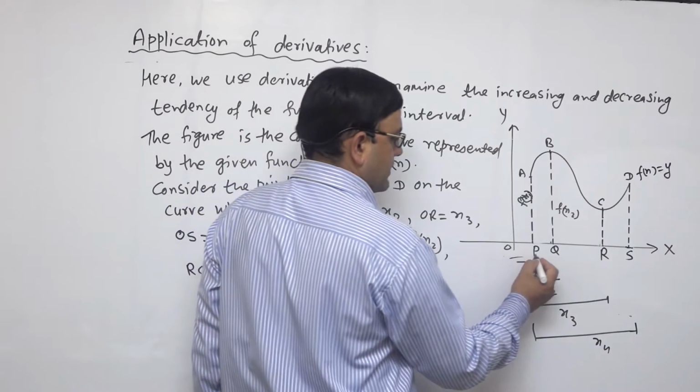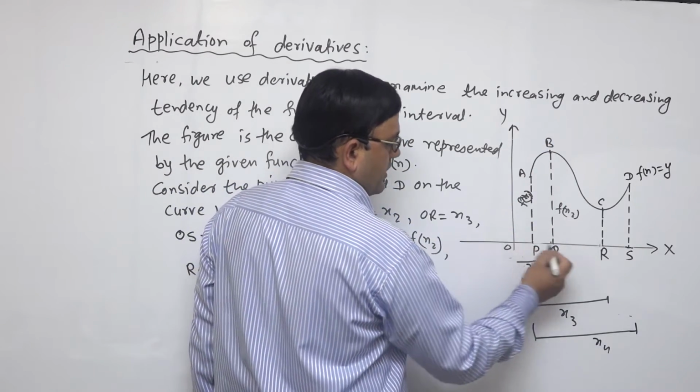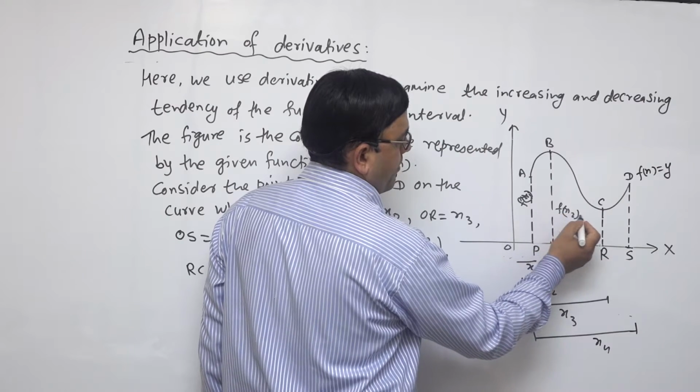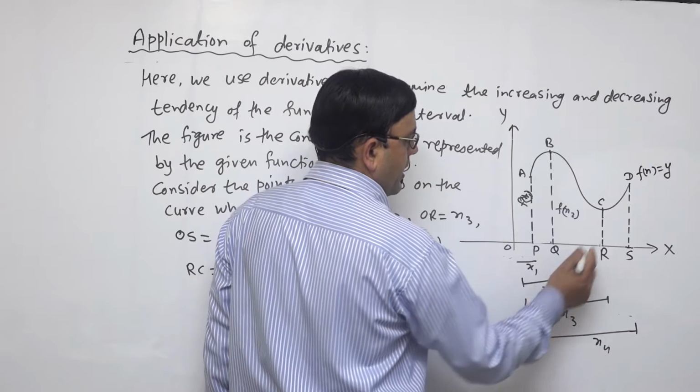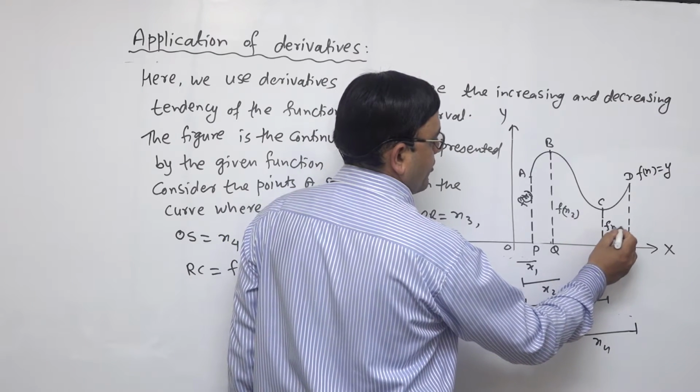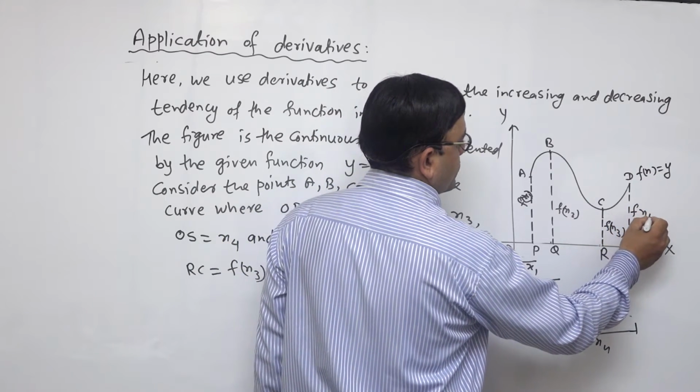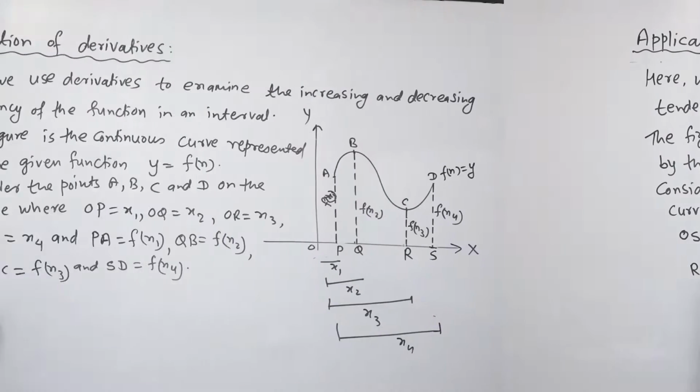Here, this one is x and this one is y. So f(x2) means y, OR is x3, and f(x3) is y, and this one is f(x4), also y.